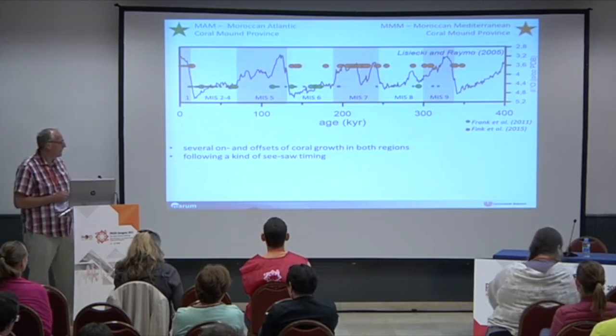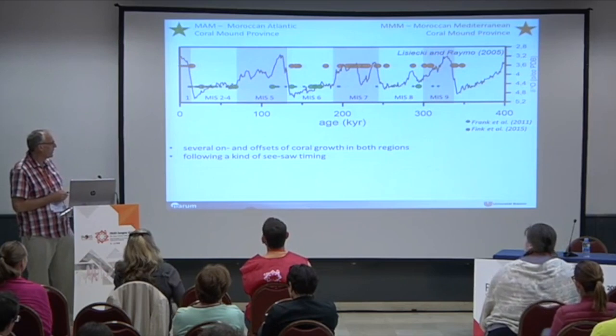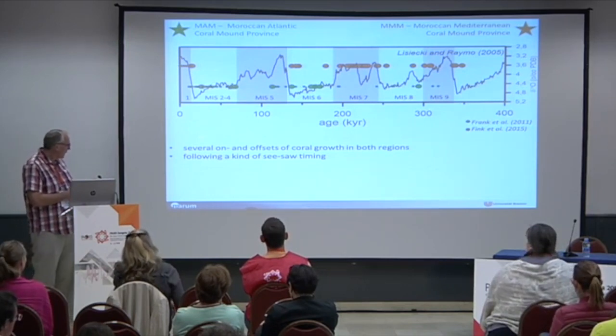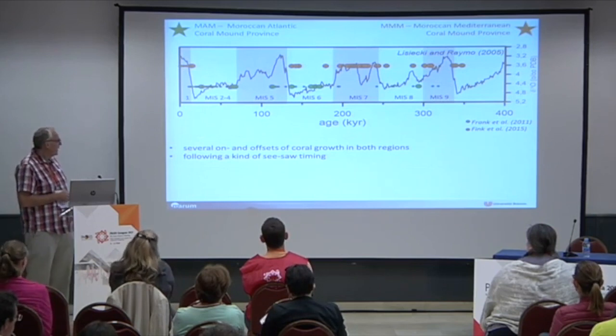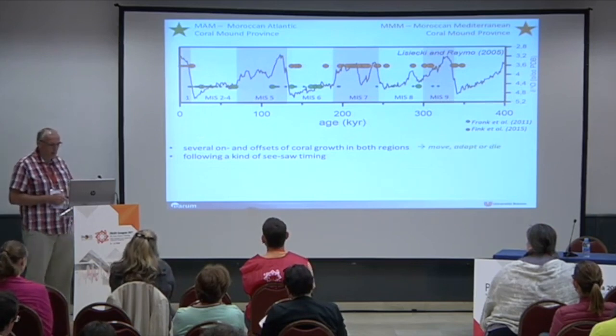So that's always in both settings. It's a really regional signal we see. So we have these several on and offsets of coral growth in both regions with this kind of seesaw pattern.